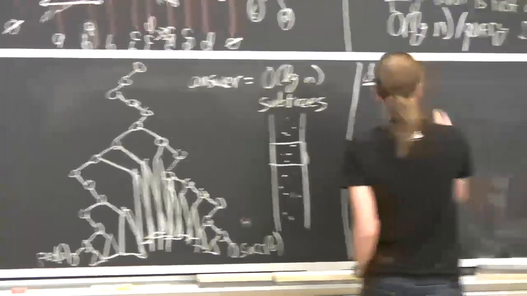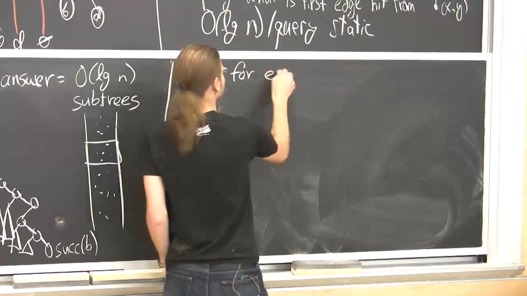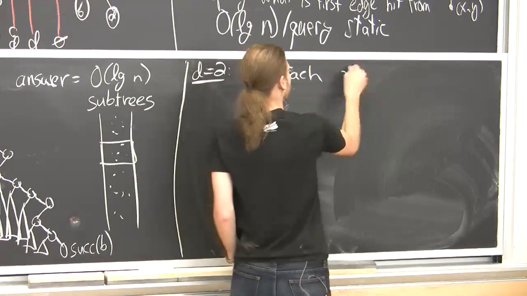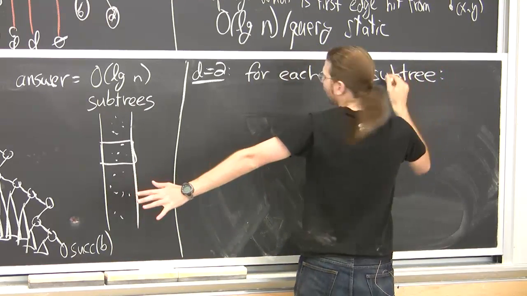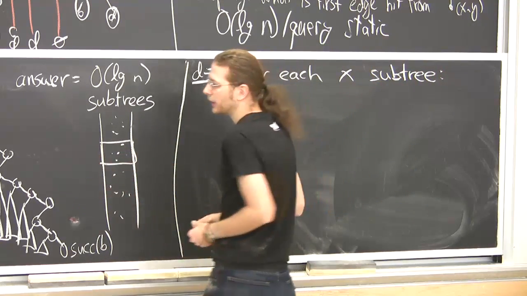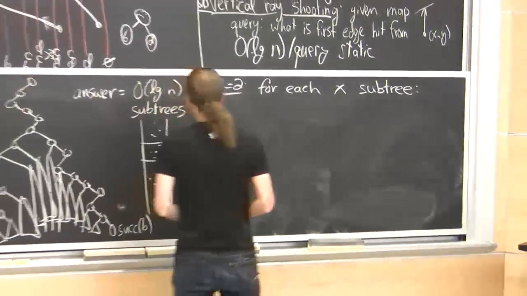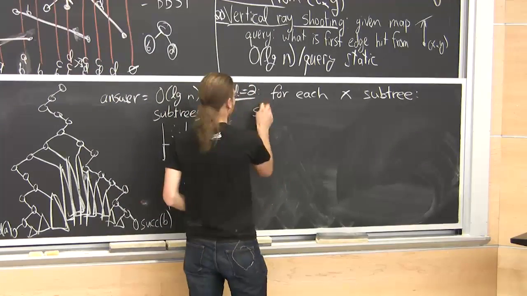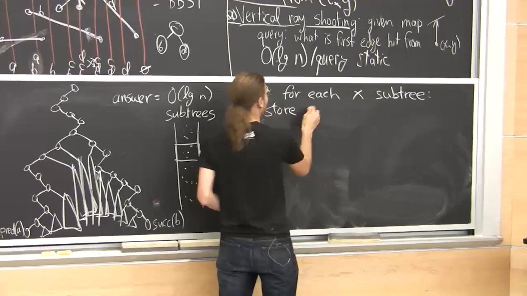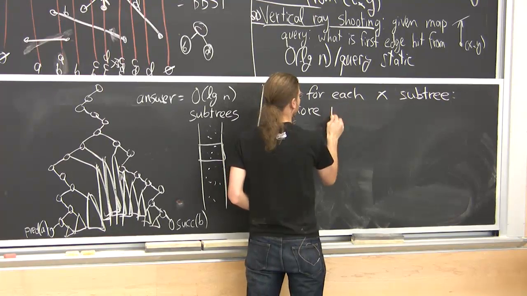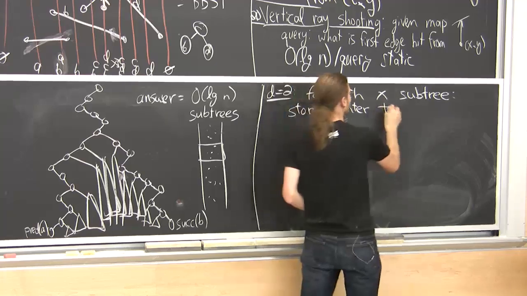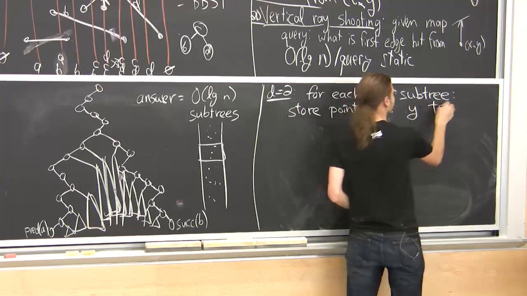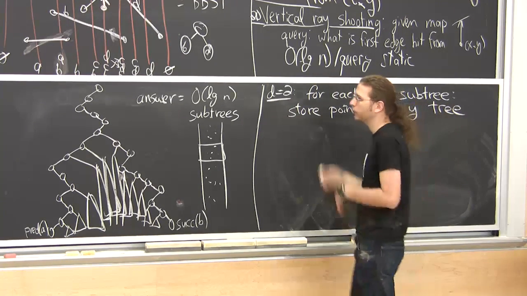So simple idea, for each subtree, let's call it an x subtree. So we have one tree which represents all the x data. It looks just like this. And then for each subtree of that x tree, we store, let's say, a pointer to a y tree, which is also a 1D range tree.